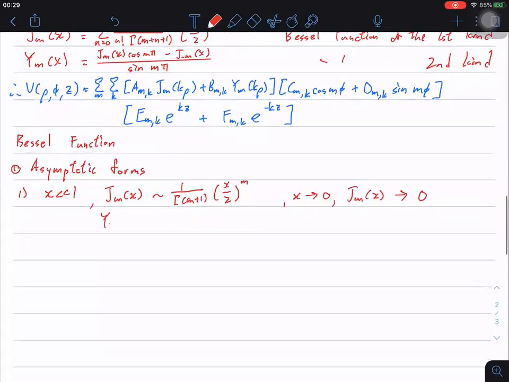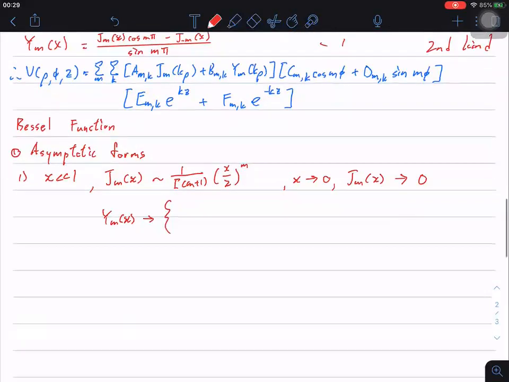However, for the Bessel function of the second kind, the asymptotic behavior is quite complicated. For m equal to 0, we have this form: natural log of x over 2 plus some constant.